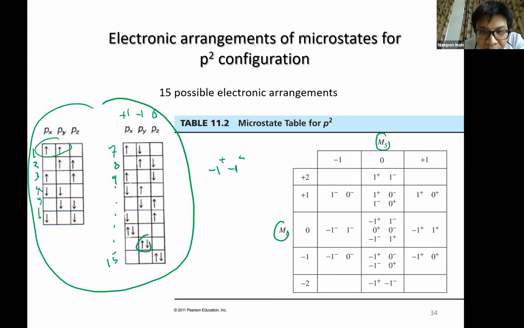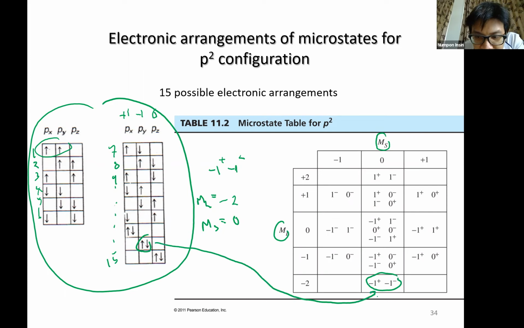So you can find that the combined ML is minus 2 for this microstate, and MS is 0. So ML of minus 2 and MS of 0 means this microstate.